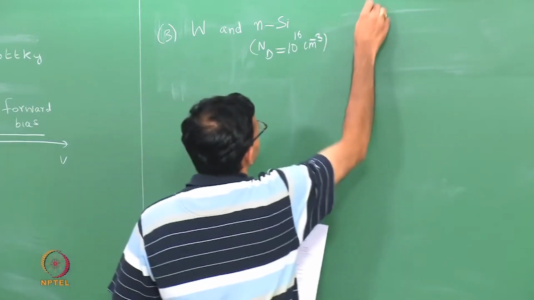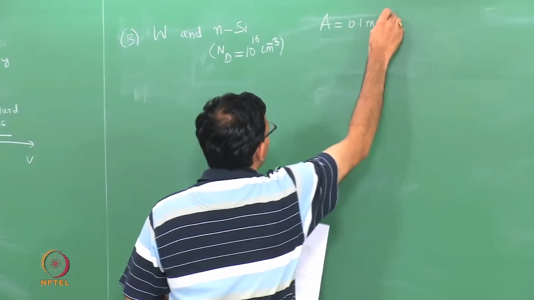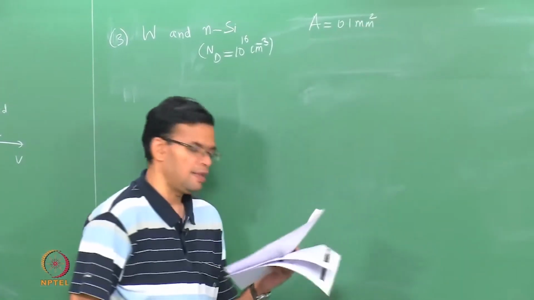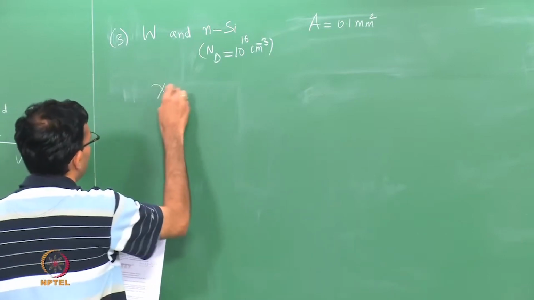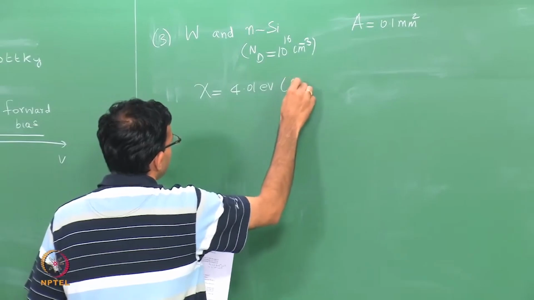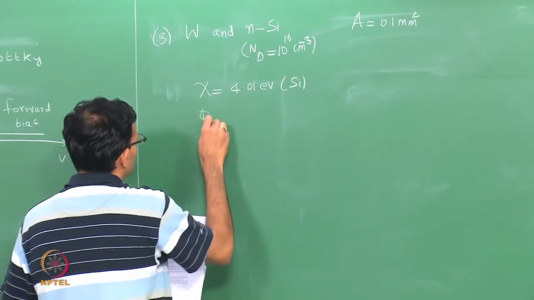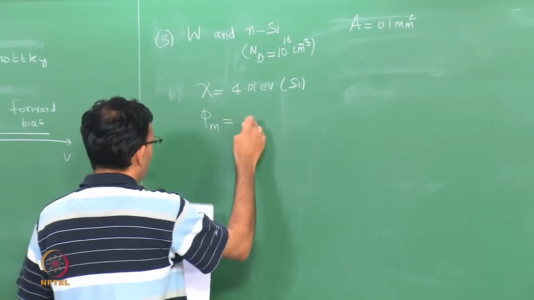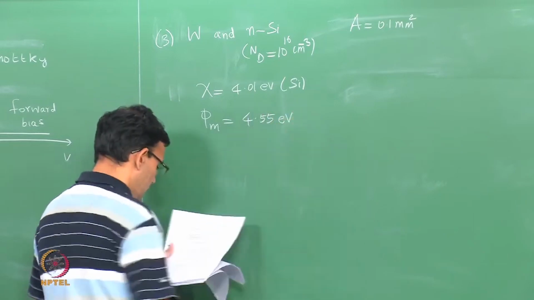So, A is 0.1 millimeter square. The electron affinity of silicon is given, same as the last problem, 4.01 eV, and the work function of the metal is given to be 4.55 electron volts.